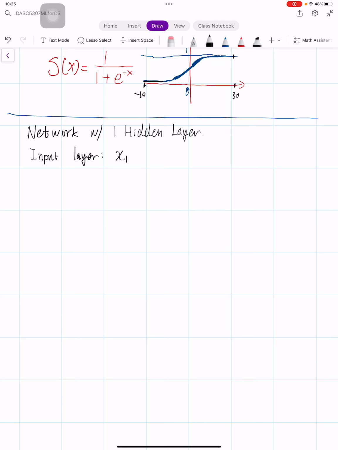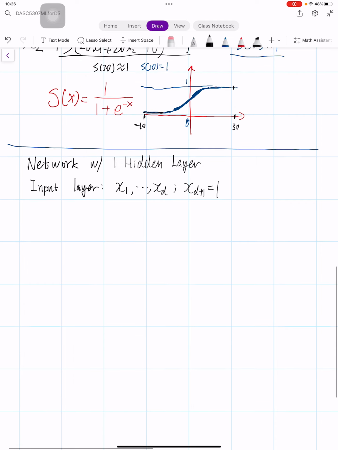Suppose we use the old notation as in our regression. Suppose we have the xd input variable, and we denote the last, d plus 1, equal to the constant, denoting a bias, and the hidden unit.